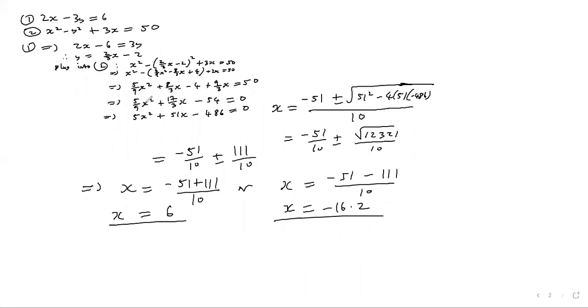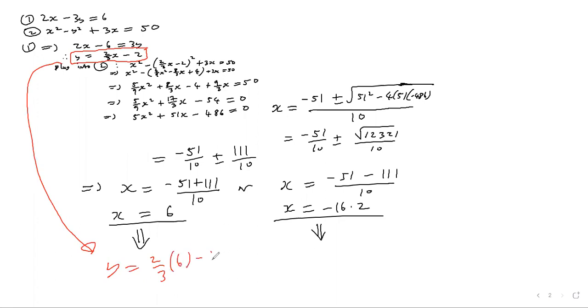Now we just substitute these values into the equation. Let's pick this linear equation up here, just because that's easier to deal with. If we substitute the values into that, we get y equals 2 over 3 times 6 take away 2. 2/3 of 6 is 4, and 4 take away 2 is 2, so we get 2 with that.